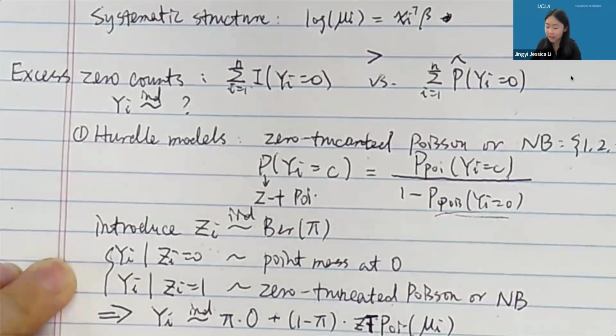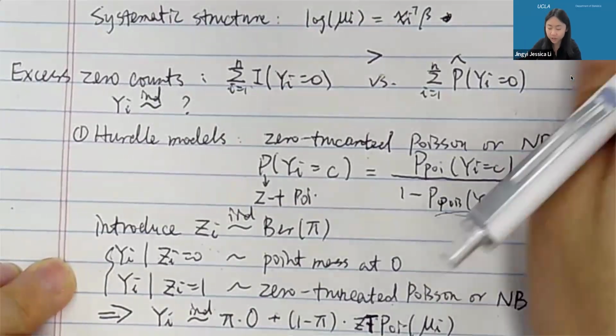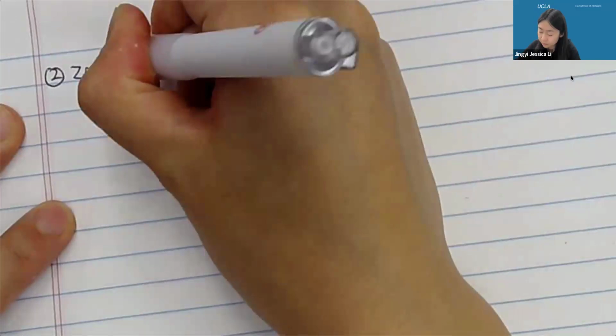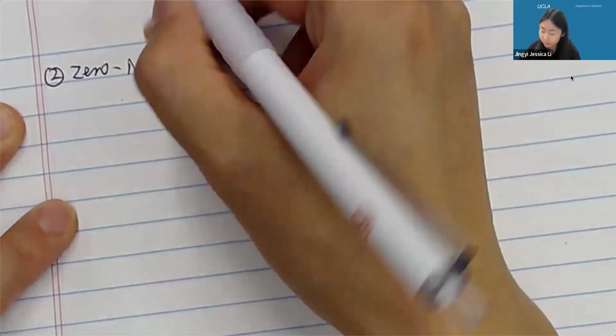Anyways, this is the hurdle model. And then the zero-inflated model, which I will quickly go over. The zero-inflated model is that you don't do the zero truncation.